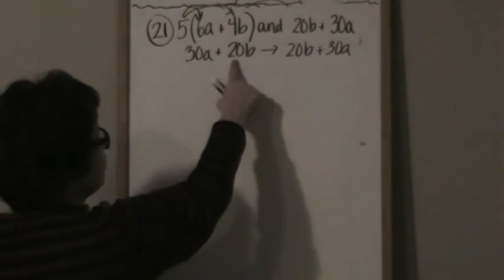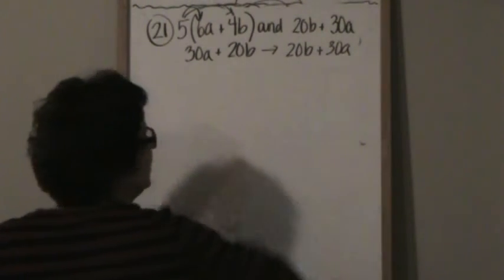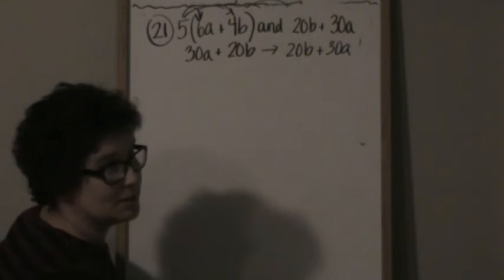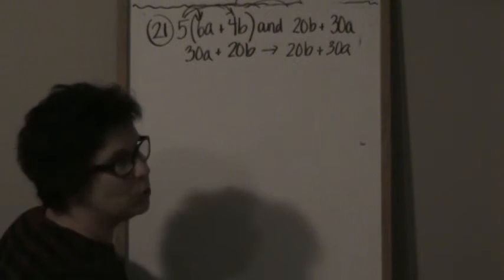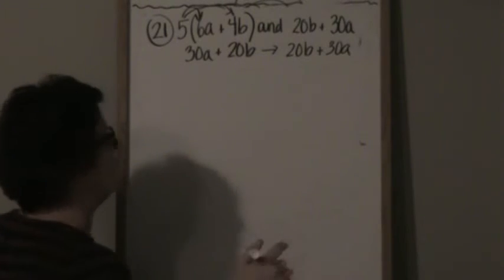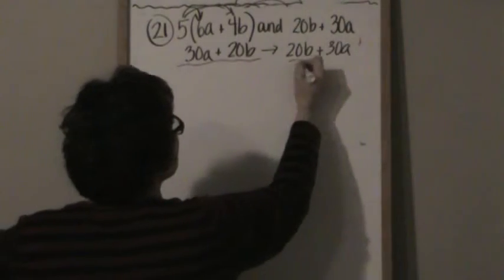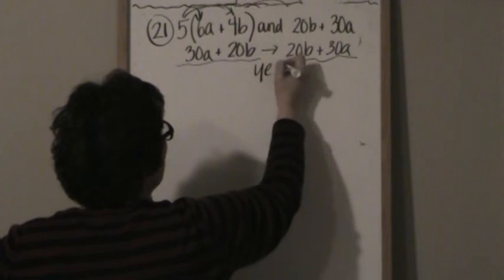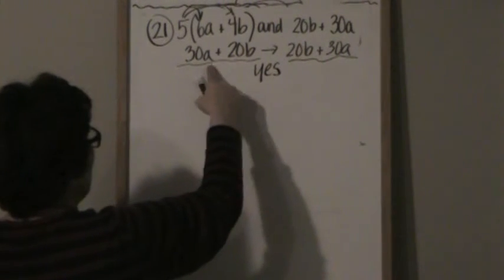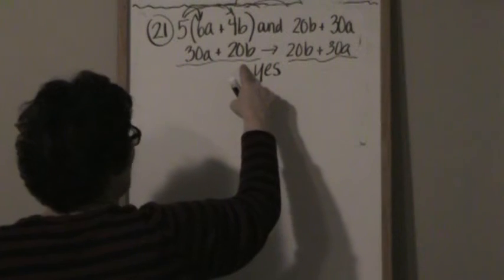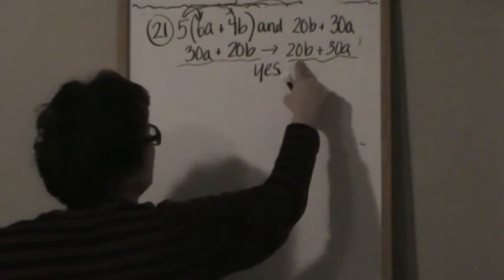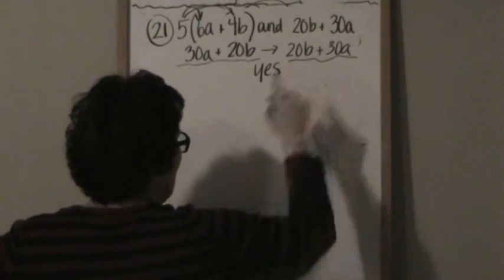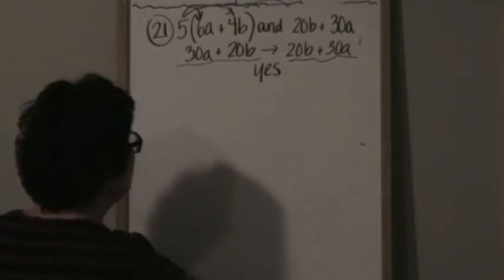Is 30 plus 20 the same thing as 20 plus 30? Yes, it is. Remember, when you're adding numbers, you can flip the order. So even though they don't look just alike, they are actually equivalent, because 30a plus 20b is the exact same thing as 20b plus 30a. Okay, that one was a little bit tricky.